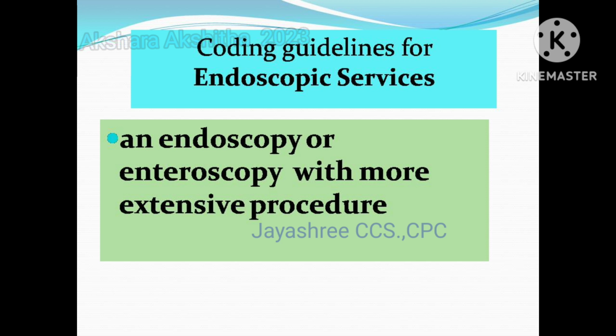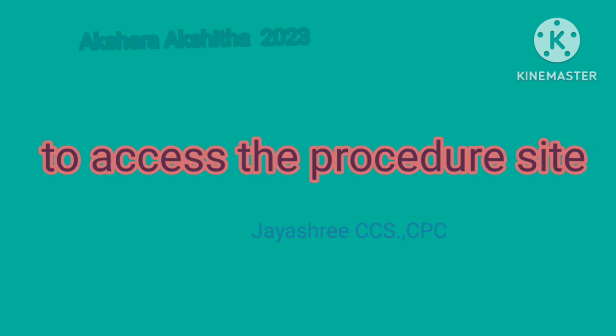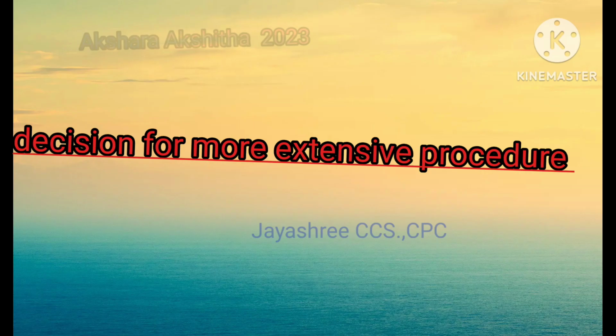So next main point is endoscopy to access the anatomical landmark or to assess the extent of the disease along with another surgical procedure. At that time diagnostic endoscopy we cannot bill separately. This is also a basic surgery coding guideline. So if endoscopy is performed to access the surgical site, we cannot report separately.